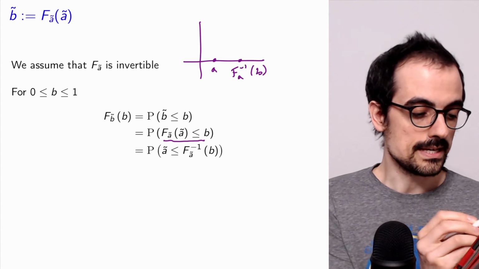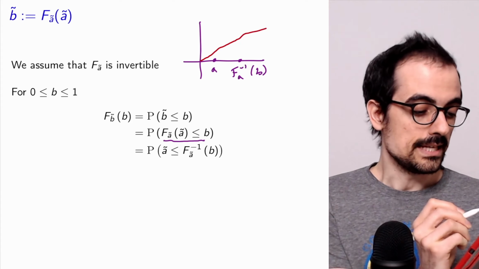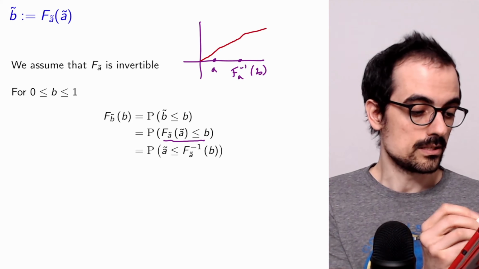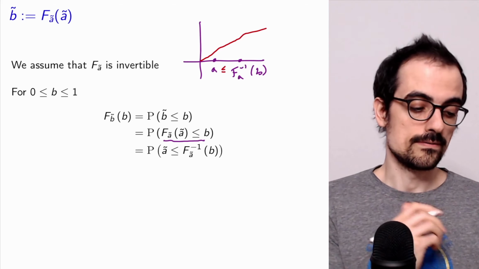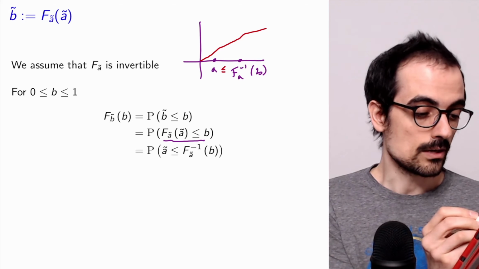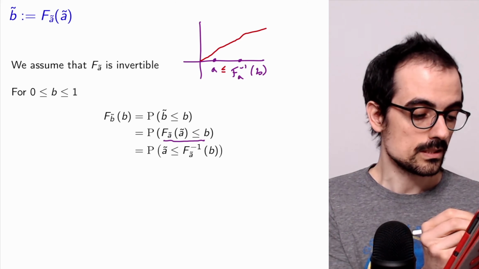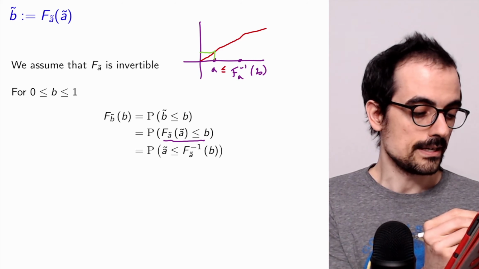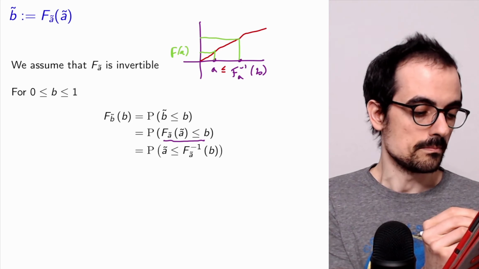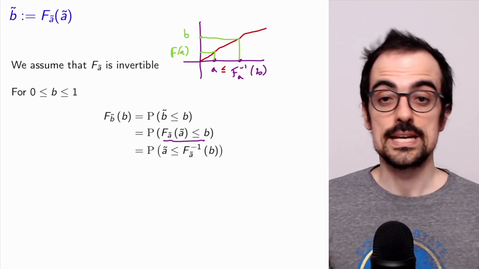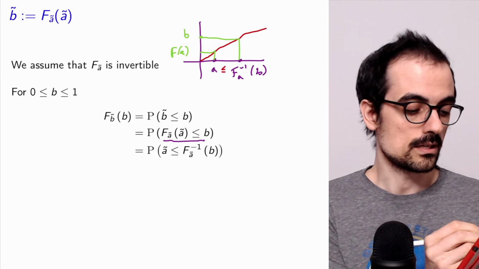And a CDF goes from 0 to 1 and is monotonic. So the event that A is smaller or equal to the inverse of the CDF applied to B is exactly equivalent to saying that F of A is smaller than B, because the CDF is monotonically increasing, or non-decreasing at least. So these two events are the same.